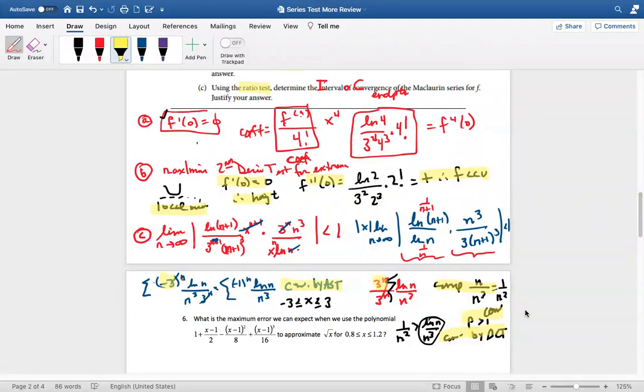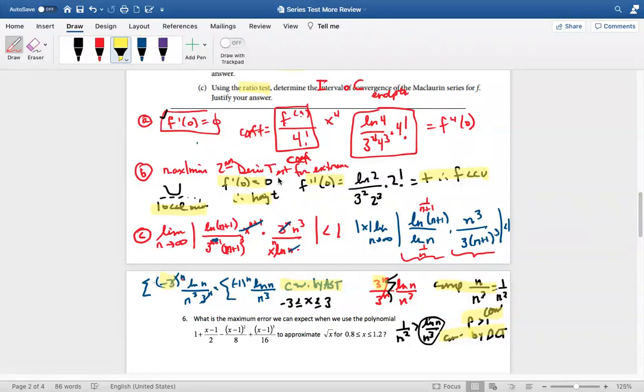Okay. Again, I won't do a problem like this on the unit test. It will not. Are you going to have to know how to do a comparison test? Yes. Are you going to have to know how to work with series? Yes. Might you have to do the second derivative test, and talk about the first derivative being 0 and the second derivative being positive or negative?